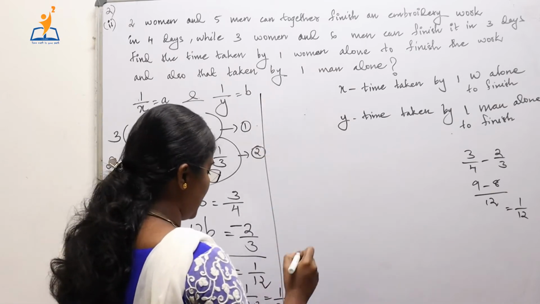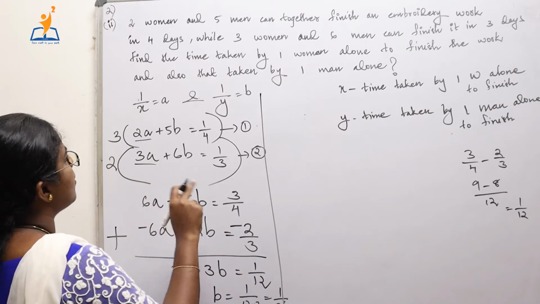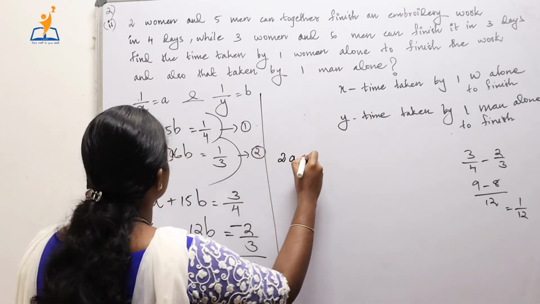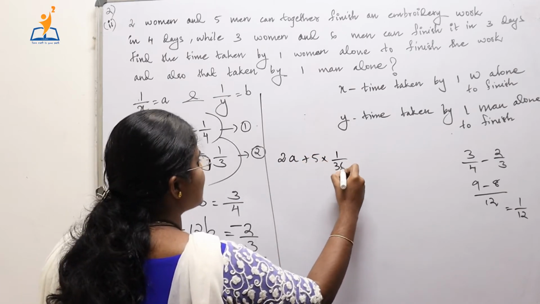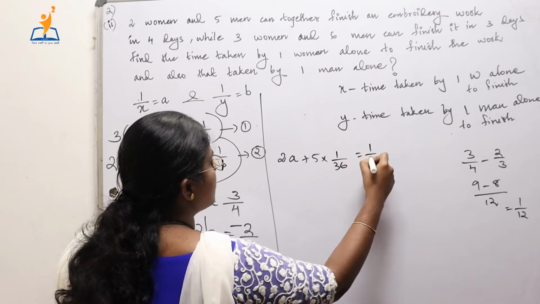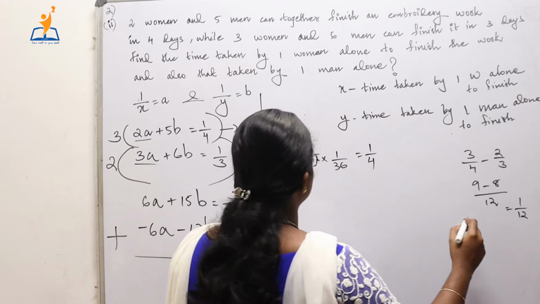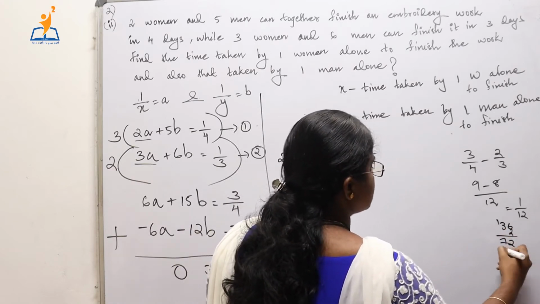Now in order to find the value of A, we want to substitute the value of B in any of these equations. So we are going to substitute it here. So 2A plus 5B, that is 5 into 1 by 36, is equal to 1 by 4. So 36 into 2 is 72.